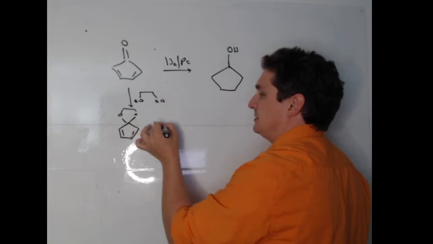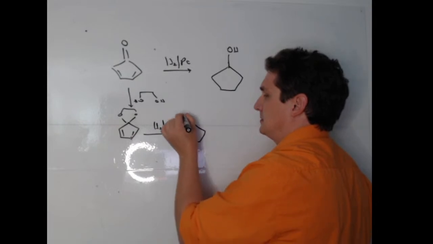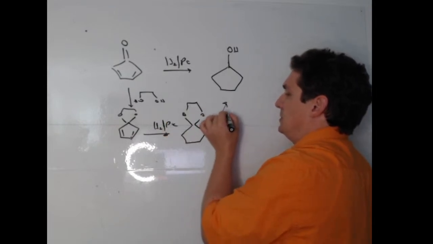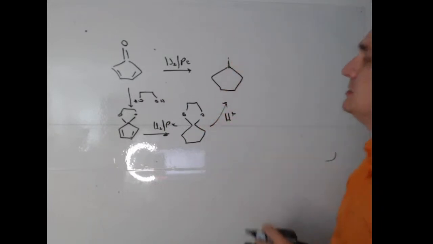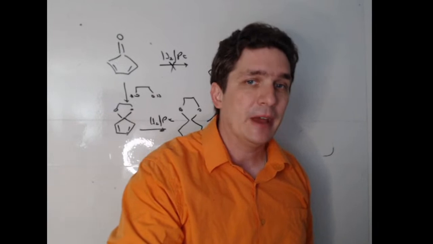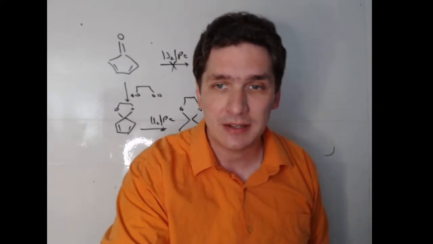Hydrogenate that. And then take that off with an acid, and that'll get you back to the desired ketone. But again, pages 11, 12, and 13, I answered those Tuesday, so I'd recommend you go back and look at the live stream from that day where I go over how to work these out.